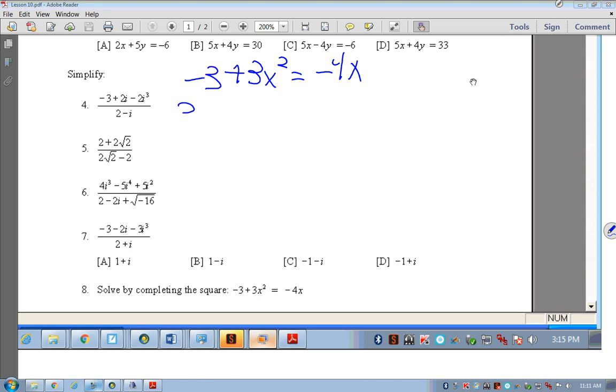Okay, so 3x squared plus 4x minus 3 equals 0. Okay, you with me so far? Getting it kind of set towards the quadratic.